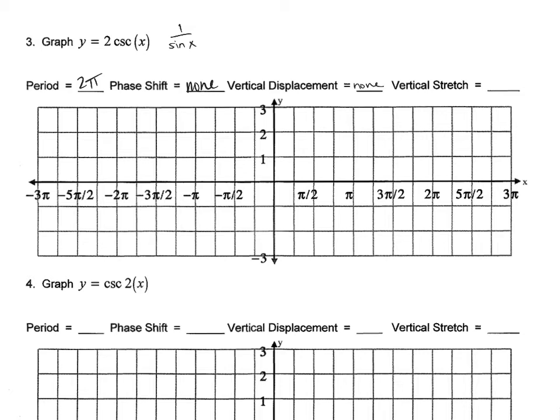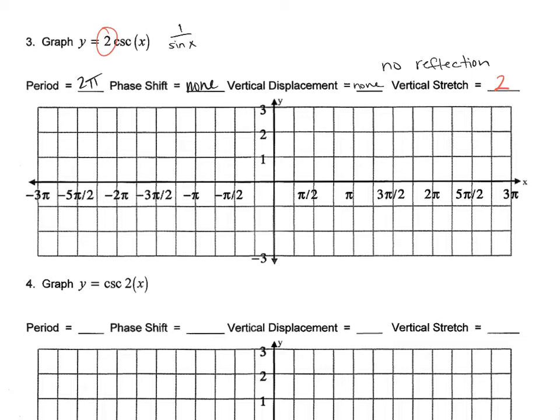There is a vertical stretch by a factor of 2 because I have an a out here, that's my amplitude. And there's no reflection, because 2 is just a positive number, not negative. So again, I'm going to start with my parent function, except now I'm going to draw that with an amplitude of 2.